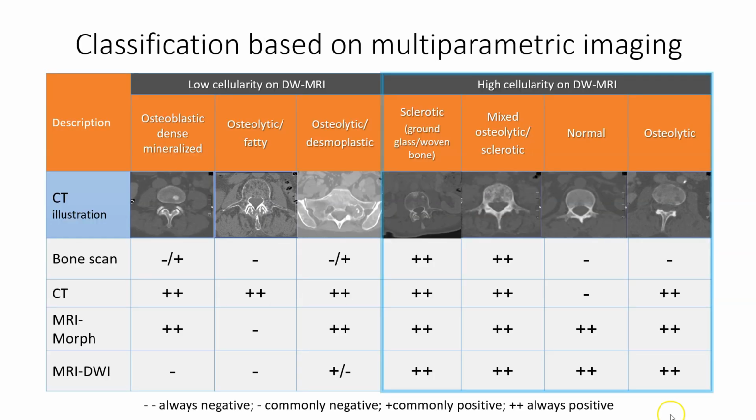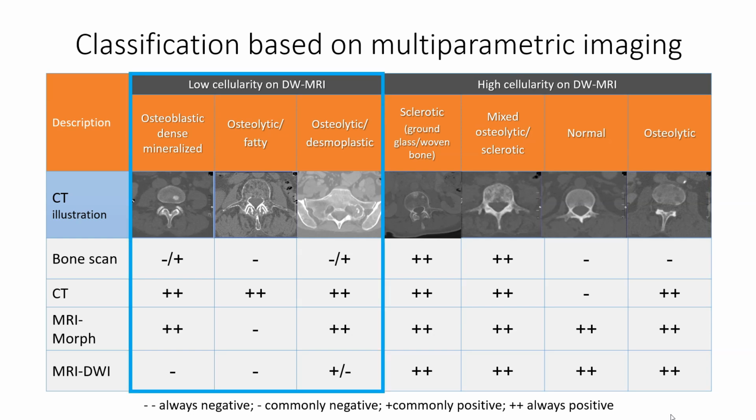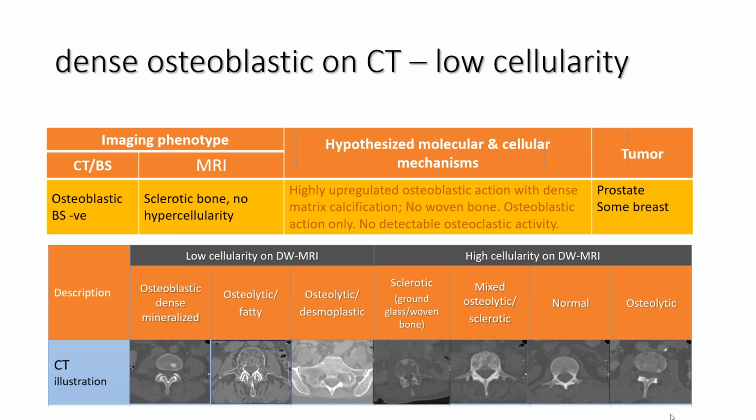The low cellularity metastases are the osteoblastic lesions, lesions that are lytic but have fat content, and lytic with a fibrous content. So let's take the example of the dense osteoblastic lesion, such as this lesion here on the left-hand side.